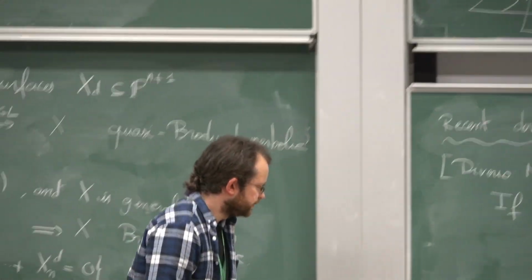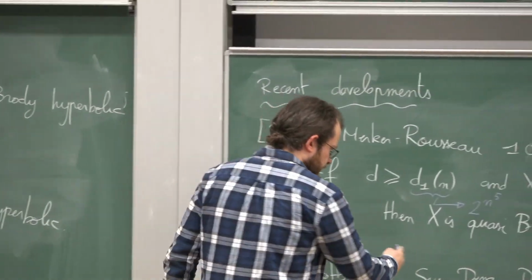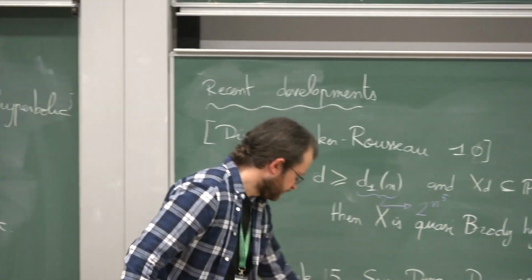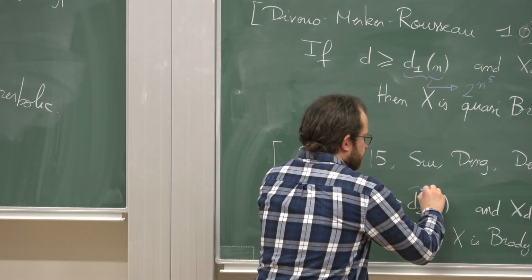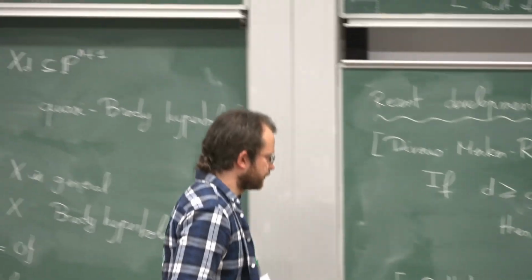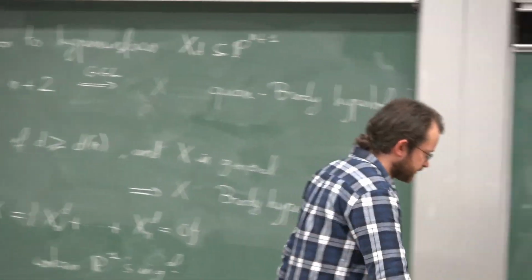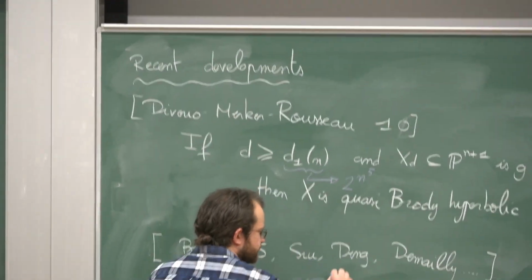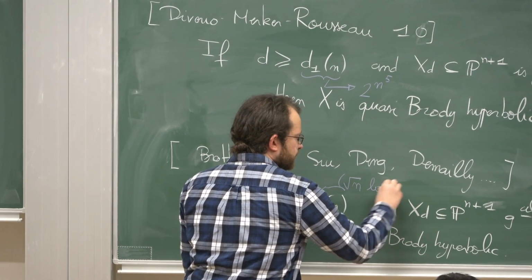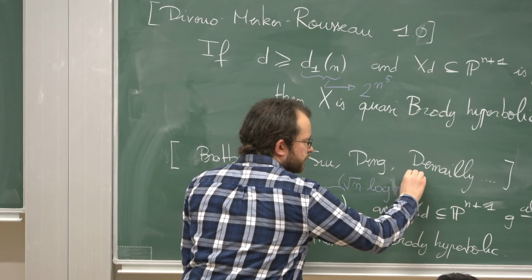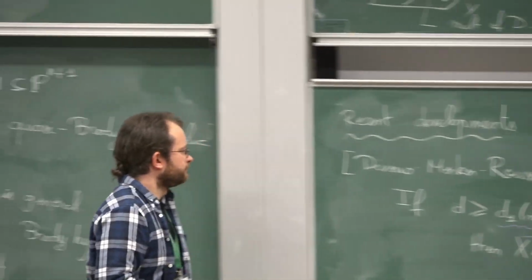Okay, and the bound here, several people computed different bounds in the subsequent years, and before the work of Bérczi and Kirwan, the bound I think was something like n log n or n to the power n, something like that.